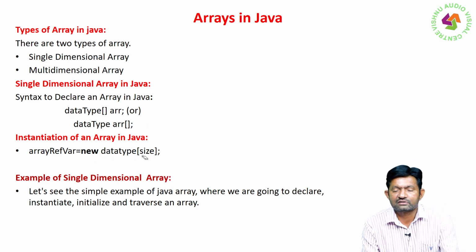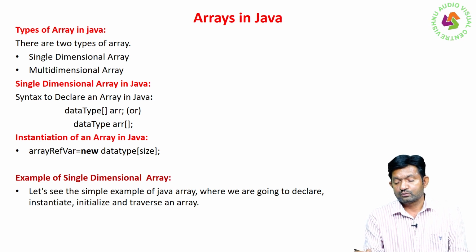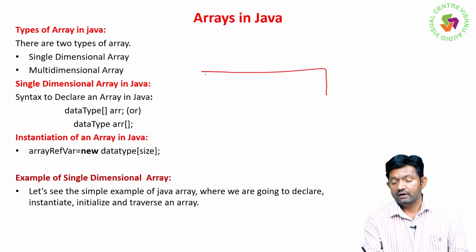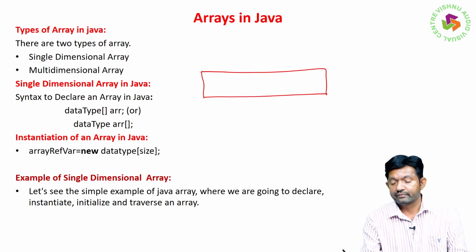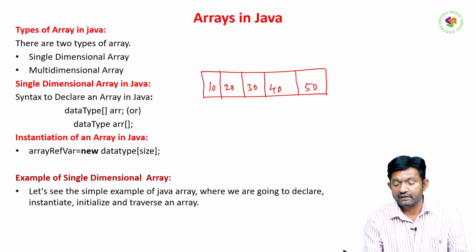Example of single-dimensional array. I will write one example. The array starts with the 0th element and ends with n minus 1. Suppose I write the elements 10, 20, 30, 40, 50.